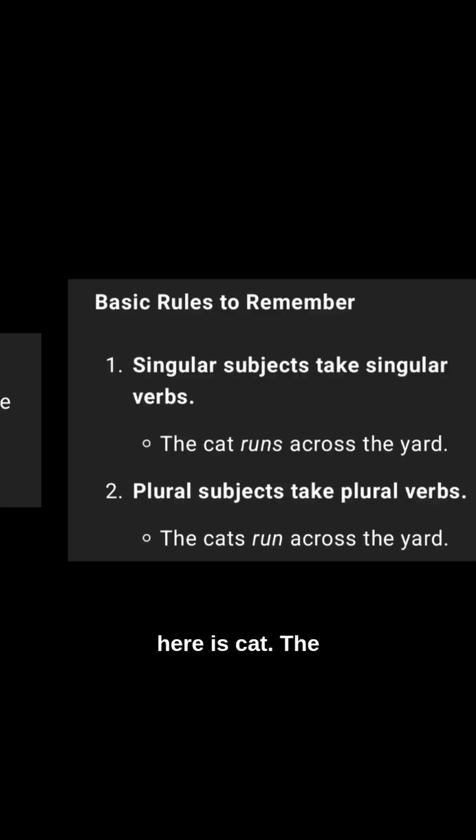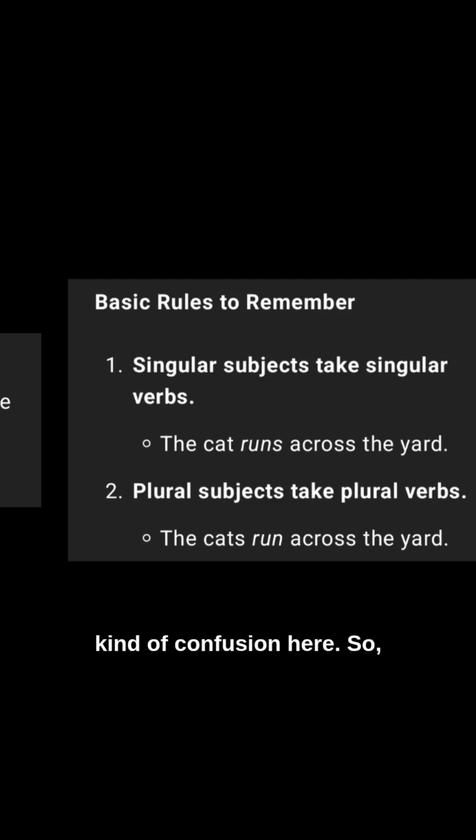The subject here is cat. The verb is runs. Second one, plural subjects take plural verbs. The cats run across the yard. Now the subject here is plural, which is cats. And then the verb is run.